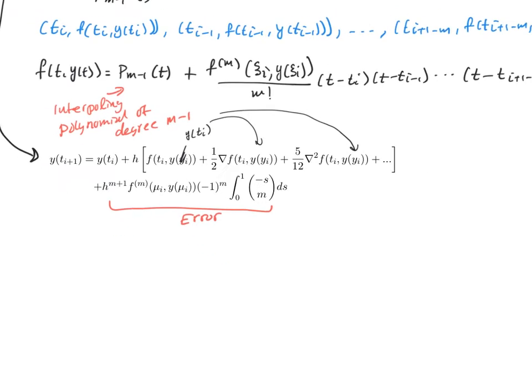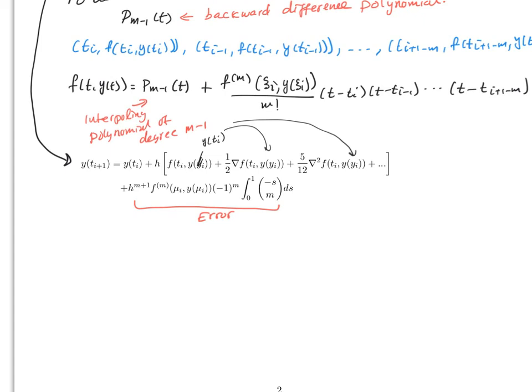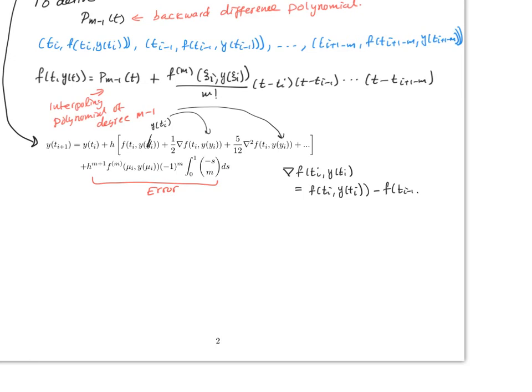All right, also remember from chapter 3, nabla, that was the name of the symbol, of f(t_i, y(t_i)) by definition means f(t_i, y(t_i)) minus f(t_{i-1}, y(t_{i-1})).